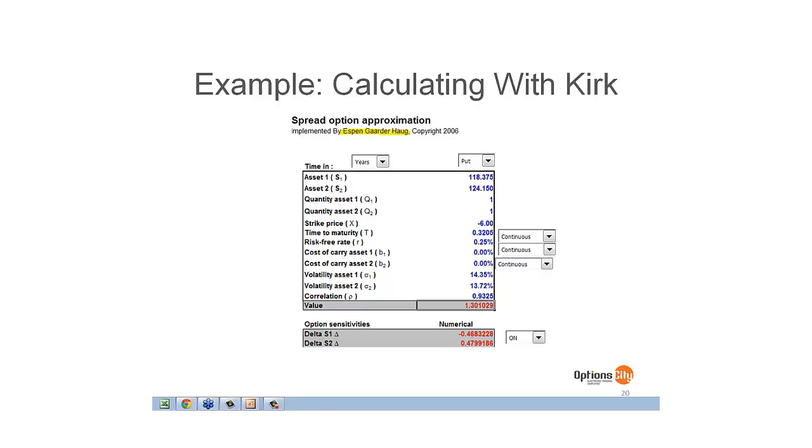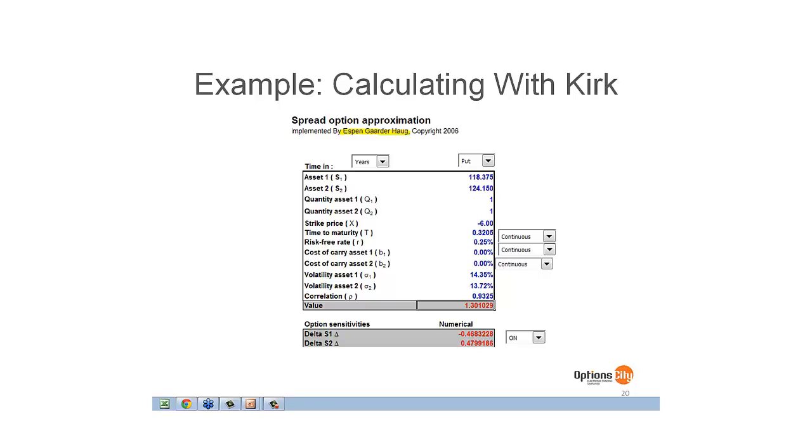So that says there's a couple things going on here. Maybe our realized vol that we had in the past is greater than what we expect as we approach expiration. There's also other things that come into play when we're looking at correlation. And this is maybe the interesting thing that I would leave you with: correlation, when you're dealing with the Kirk model and the Bachelier spread model, ends up being extremely important.